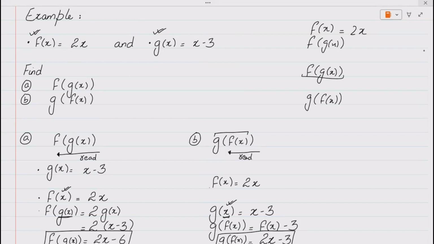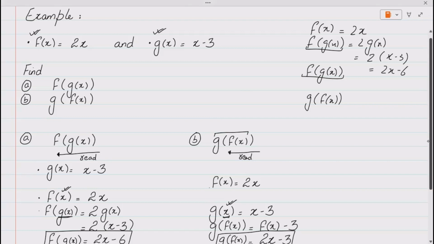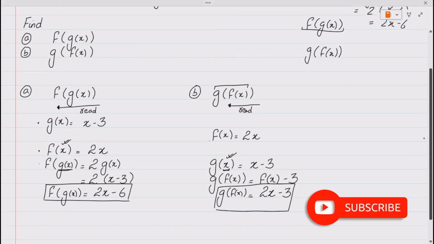And instead of g of x, put the value of g of x, which is x minus 3. So 2x minus 6 is the same thing. So the example is complete, and this is the important example.